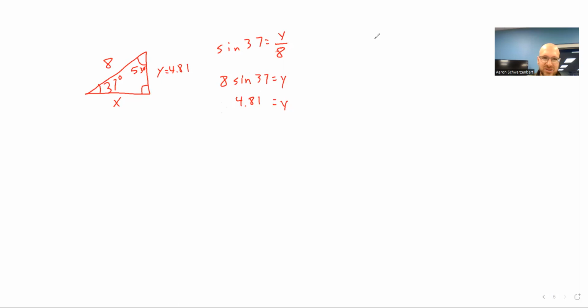To get x, sure, you could use Pythagorean theorem. I think it's easier to just go to the cosine and do x over 8. I multiply both sides by 8 to get it out of the denominator. And I get 6.39.